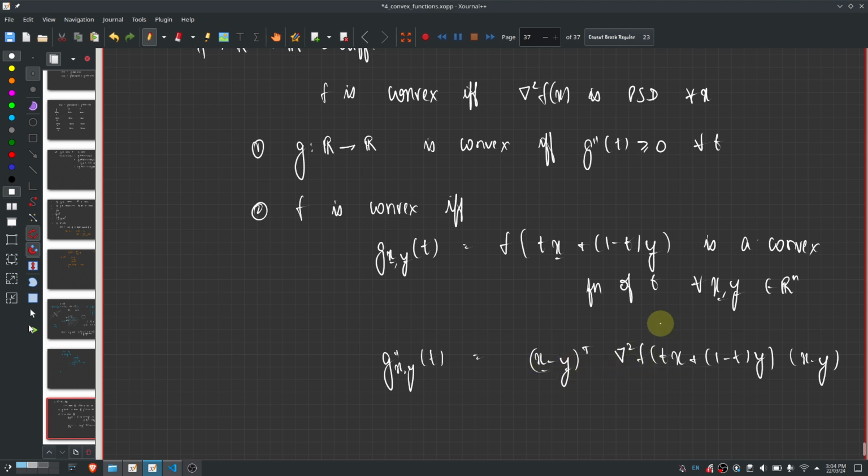Because if this is PSD, then certainly any vector transpose times this matrix times the vector itself should be greater than or equal to 0, and vice versa. So that's one way of showing that you have convexity if and only if the Hessian is PSD. So I leave it to you to fill in the details.